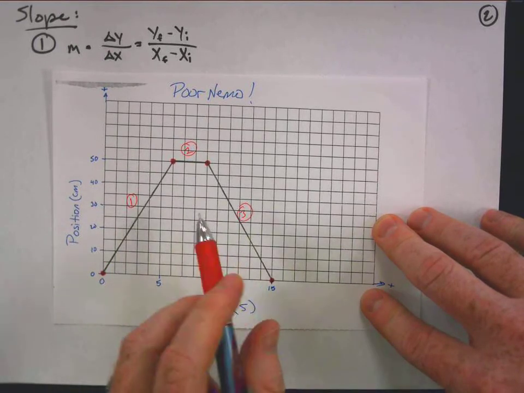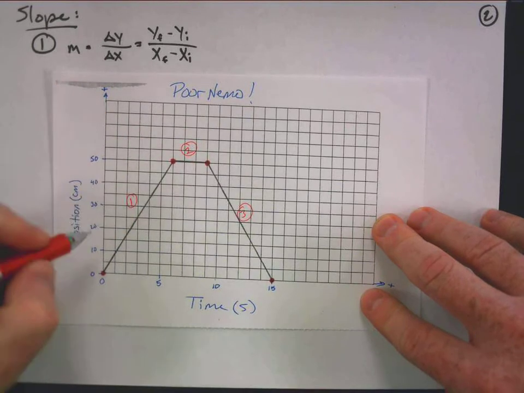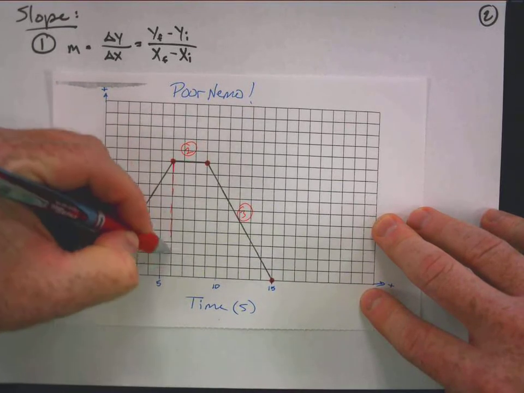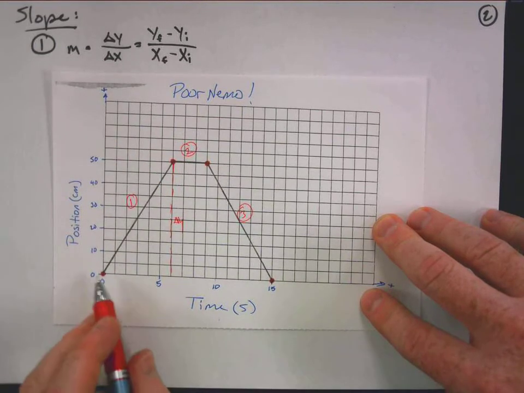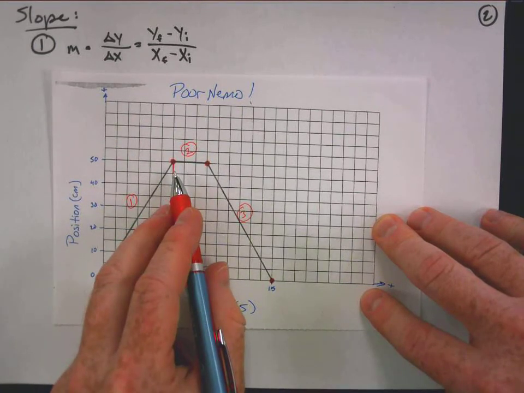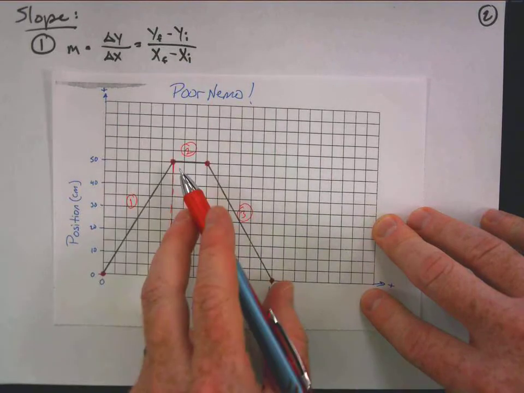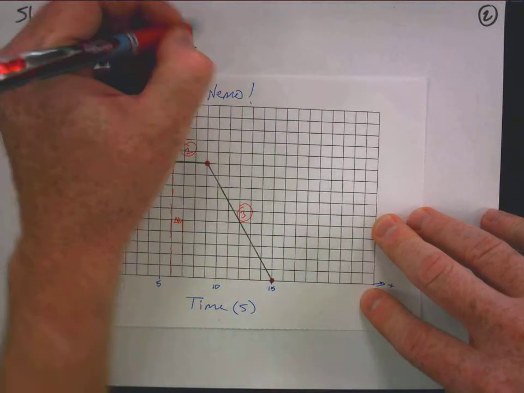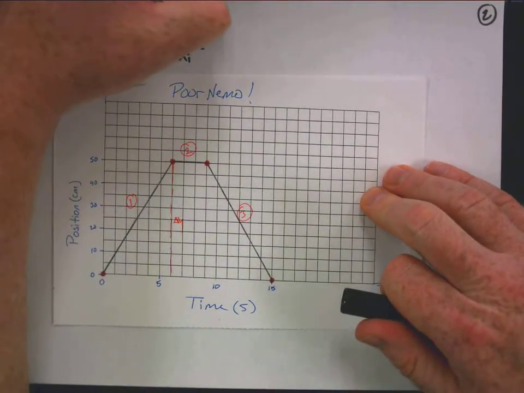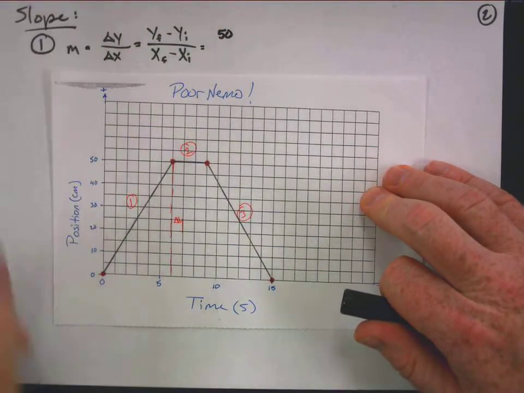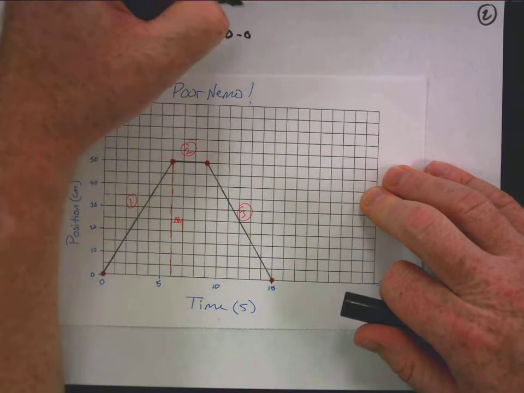So watch this. What am I changing in y values? The y values started at, here's my delta y. It started at 0 and went up to 50, but I have to do the final value first. So the final value is 50. Sure, I'm trying to stay consistent here. Final value is 50. The initial value started at 0, minus 0.